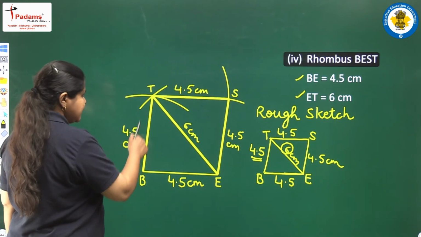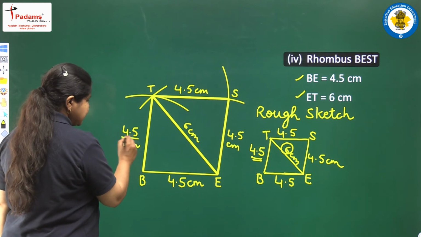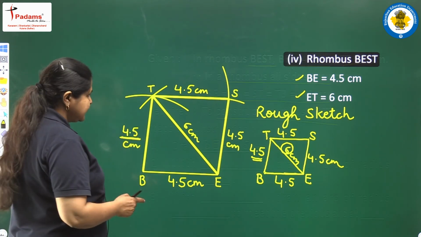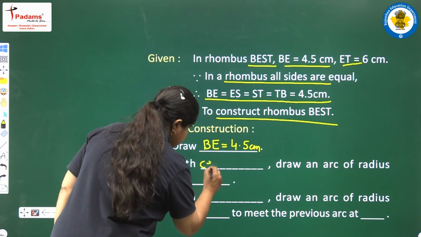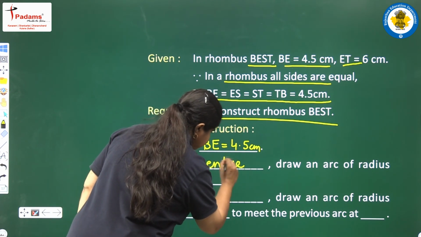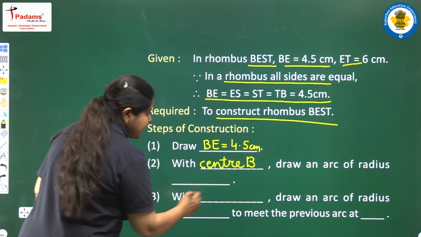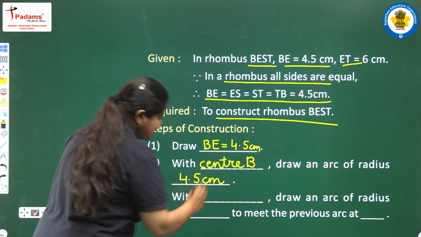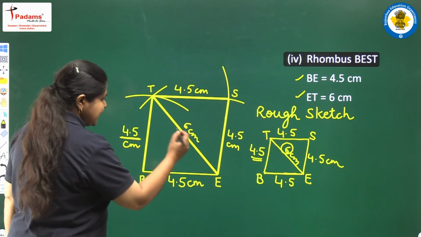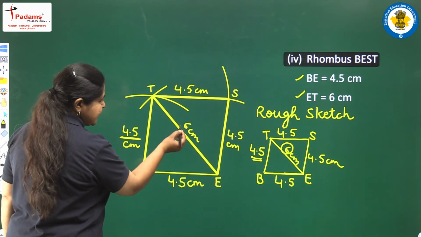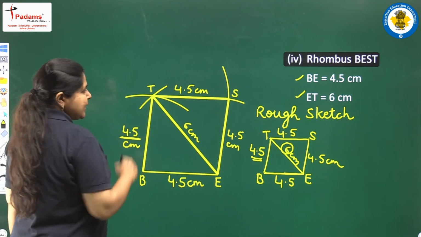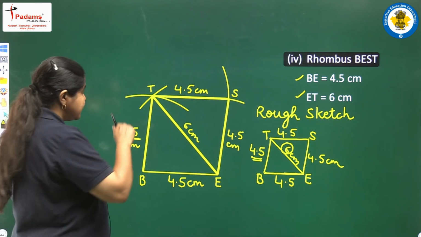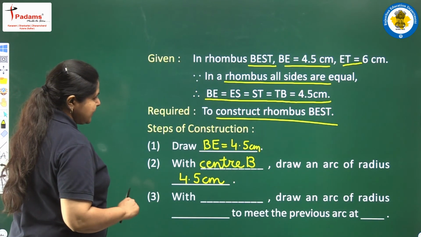With B as center and radius 4.5 centimeters, draw one arc. So, with center B, draw an arc of radius 4.5 centimeters. Then with center E and radius 6 centimeters, draw another arc to get the point T. So, we will write it here.